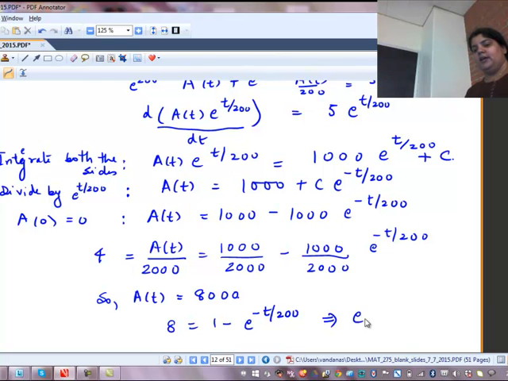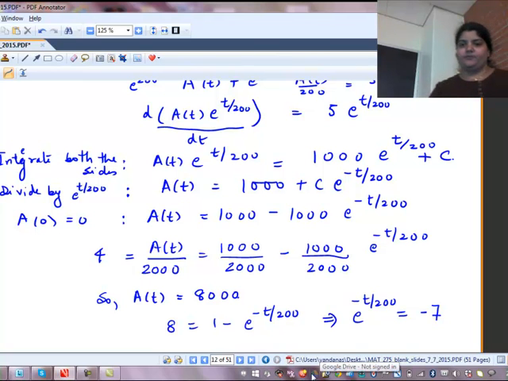This will imply e to the power minus t over 200 equals negative 7, right? An exponential function can never take a negative value. So where is the problem?